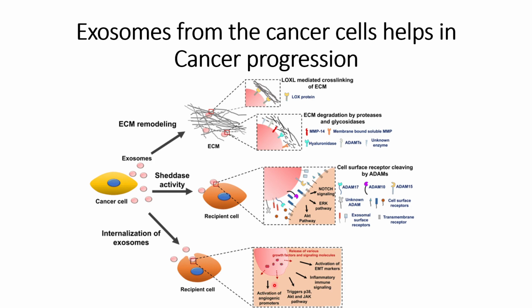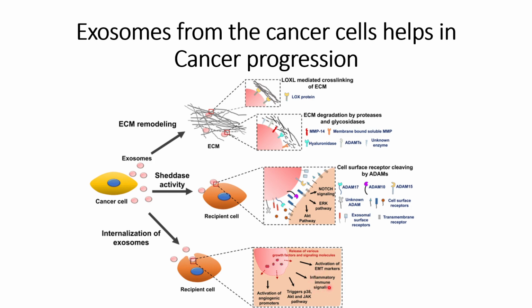Activation of angiogenic promoters is related to the generation of more blood vessels that can take care of the needs of the increased cell growth rate, which could be because of the increased AKT and other pathways.